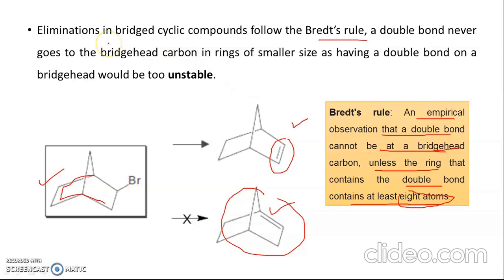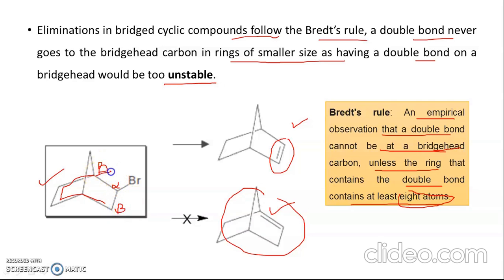So again, see what is written here. Elimination in bridgehead cyclic compounds follows Bredt's rule. A double bond never goes to the bridgehead carbon in rings of smaller size, that is, less than 8. Having a double bond on the bridgehead will be very unstable as it cannot attain planarity. So if you consider this carbon as alpha, this is a beta carbon, this is also a beta carbon.